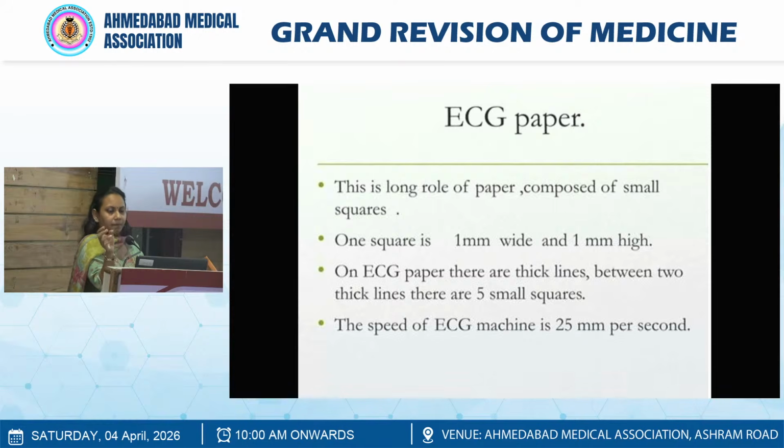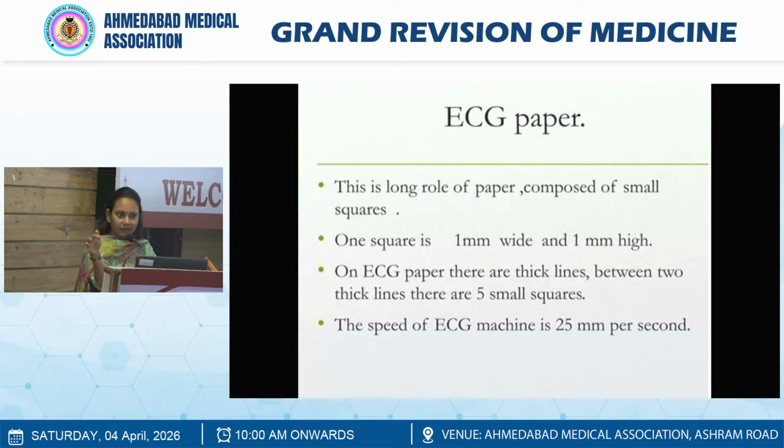ECG paper. Some examiner might ask you how does the electrical activity get recorded on a paper? Is there any ink in the instrument or what is it? Anyone? So the ECG paper is a thermosensitive paper.